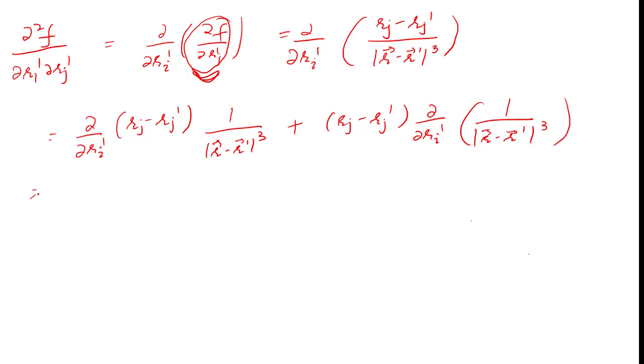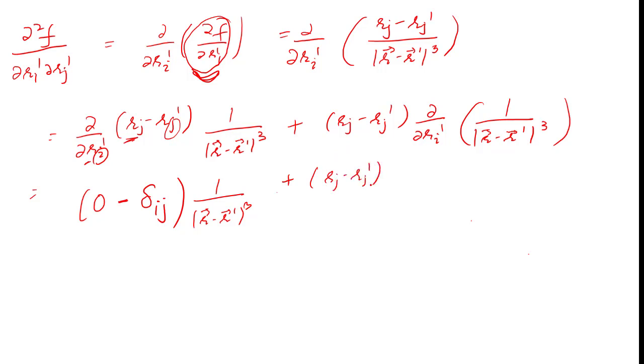If I do this, the first term is 0 minus, because I have i here and j here, this will be 1 only if i and j are equal. So I'm going to use a Kronecker delta and indicate that as δij, and here I have |r − r'| cubed, plus here I have rj minus rj', and I'm doing ∂/∂ri' of the cube.